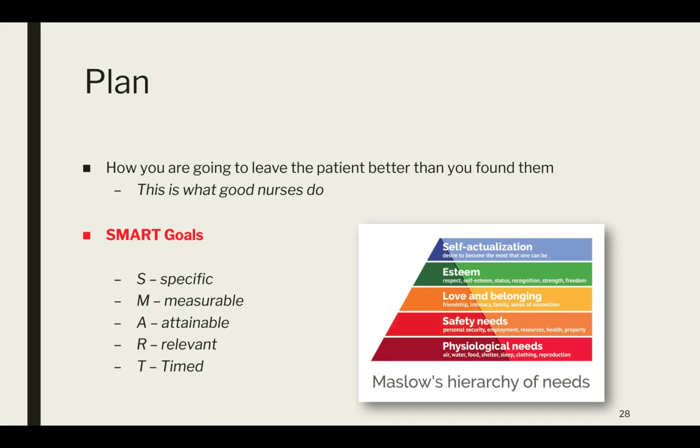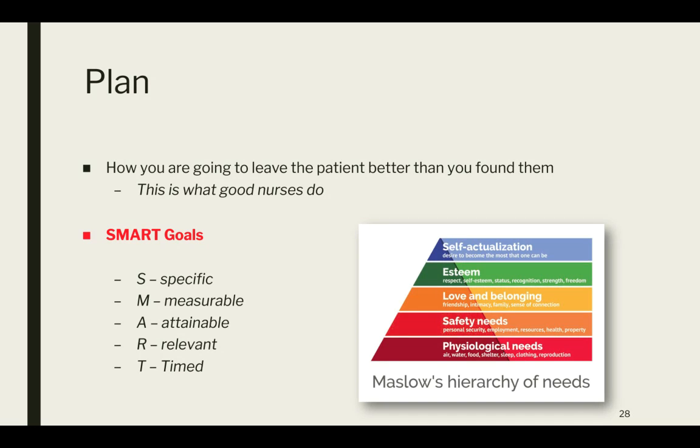They're always going to have multiple things that they're upset about. How we prioritize these goals is through using Maslow's hierarchy of needs. So the hospital is usually physiological and safety needs. That's really what we're focusing on. Physiological are going to be those actual diagnoses. Safety are going to be the risk for. And then the top 3 levels are going to be our health promotion diagnoses.